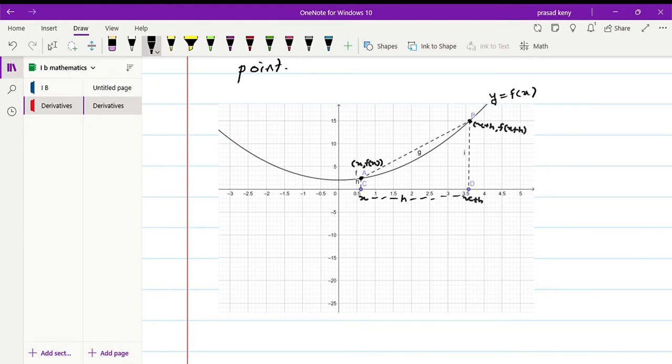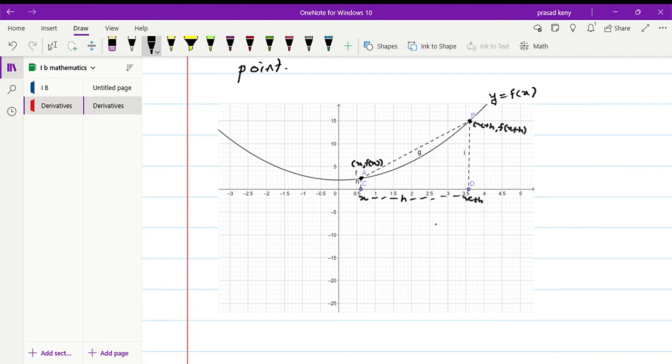Now if I join points A and B with a line segment, that is called a chord. This is chord AB. Chord is a line that will intersect the given curve in two distinct points.